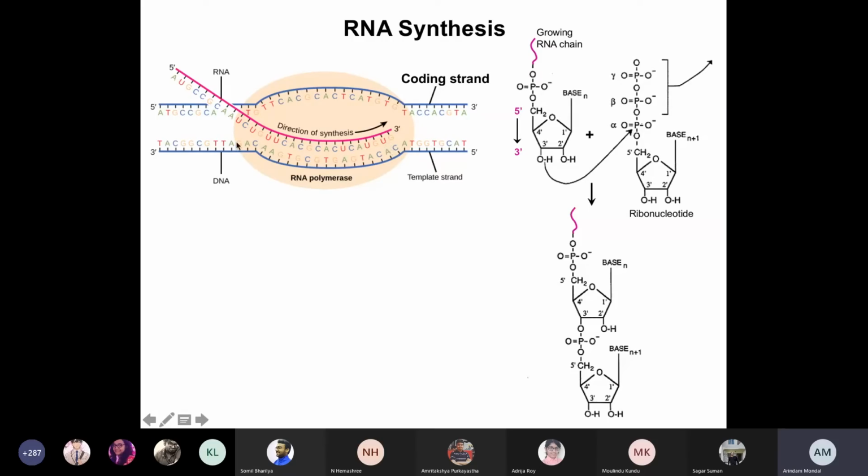This particular unwound sequence is known as the transcription bubble, which resides within the RNA polymerase during the transcription process only. As the RNA polymerase moves forward during the course of the reaction, the transcription bubble also moves forward, and within the transcription bubble there will be unwound double-stranded DNA, and the template strand will remain hybridized with the nascent RNA strand.